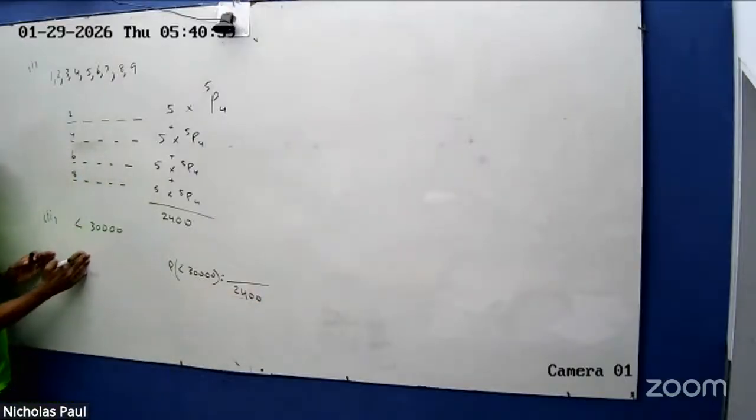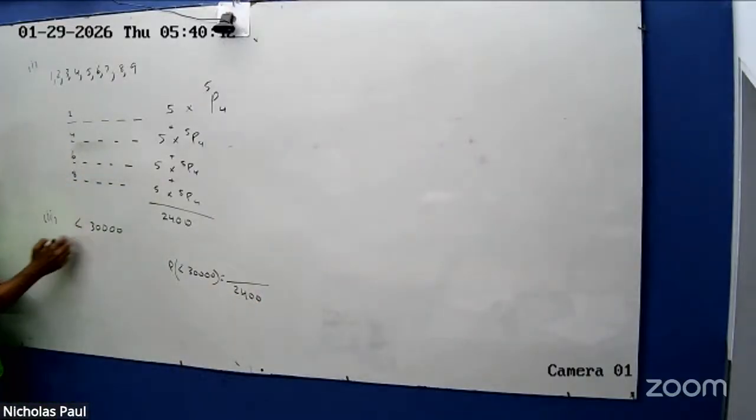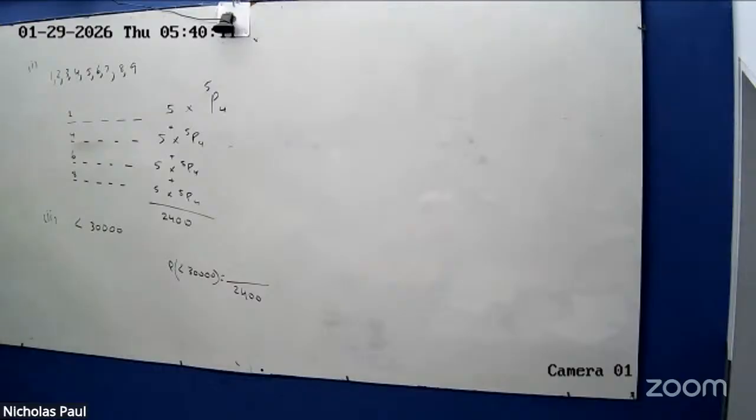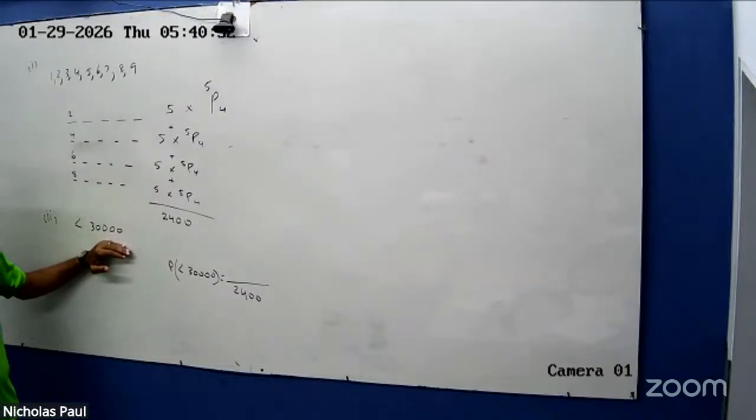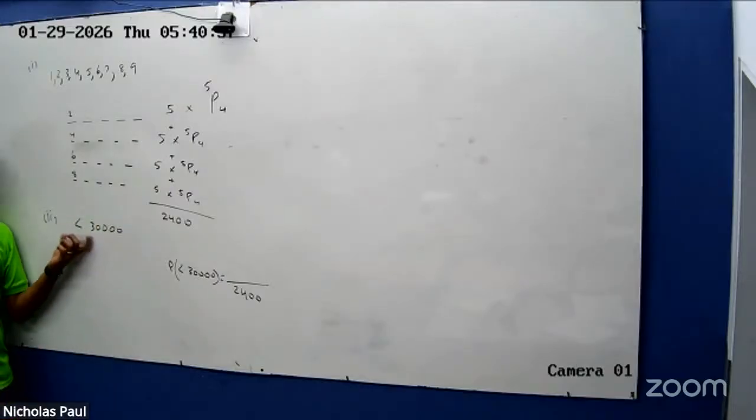You have to figure out now how much of these is less than this. The number that you get should not be bigger than this. Can you have a 2 in front? Yes, right. Correct.